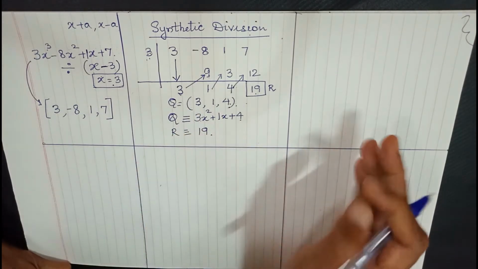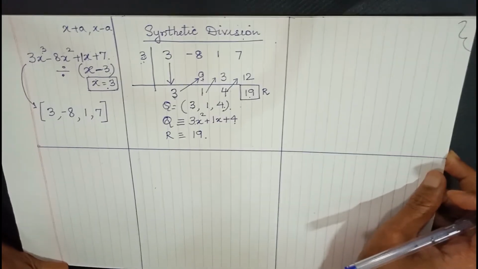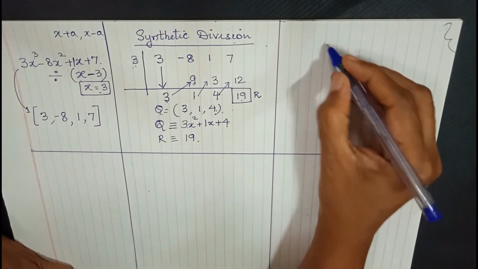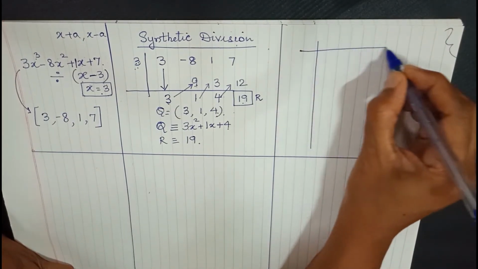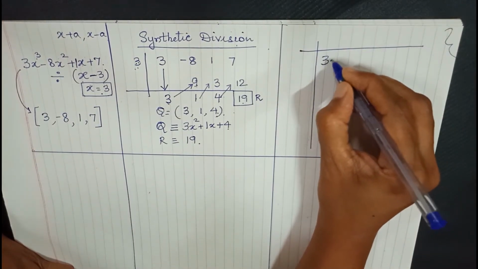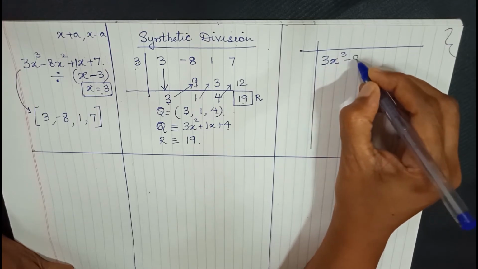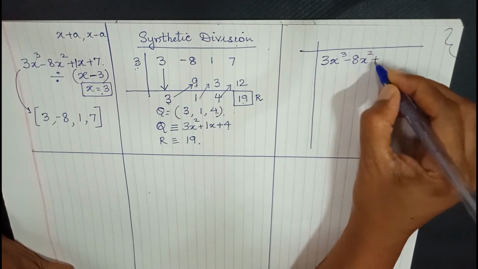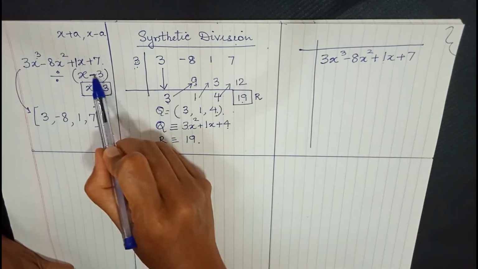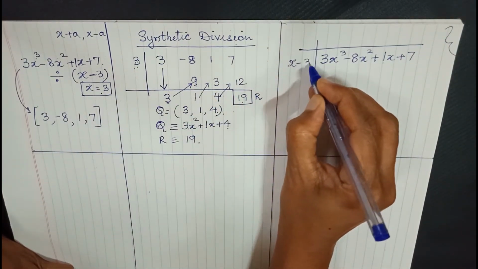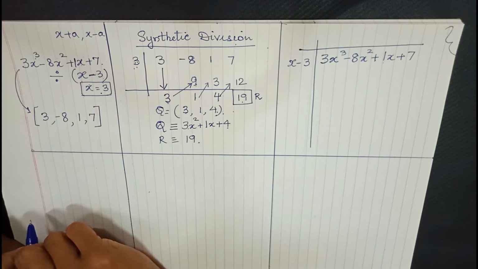Now let's verify this using the vertical division method which we have learnt in the lower classes, to see whether what we have got is correct or not. So here again, I write the dividend that was given to us, and the divisor x minus 3. Now let's start.